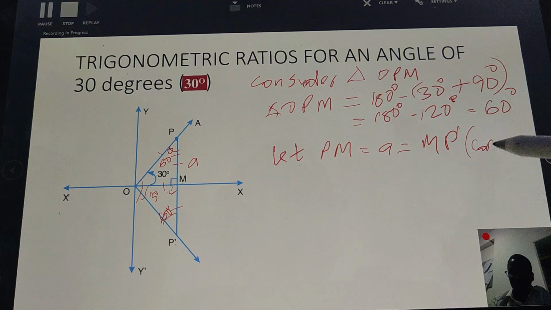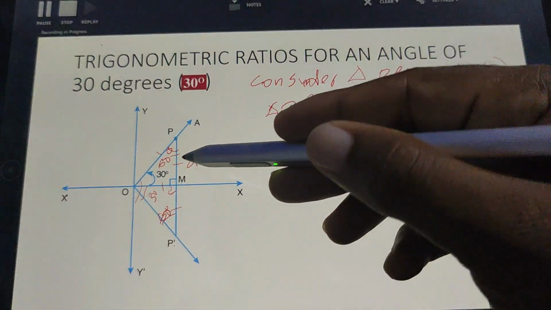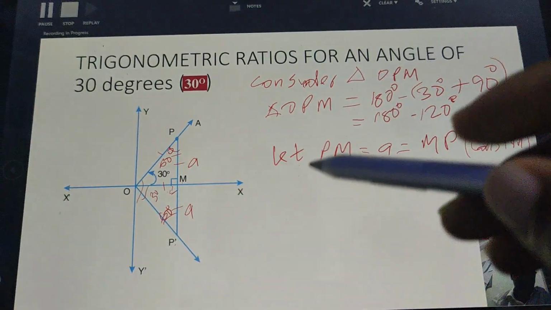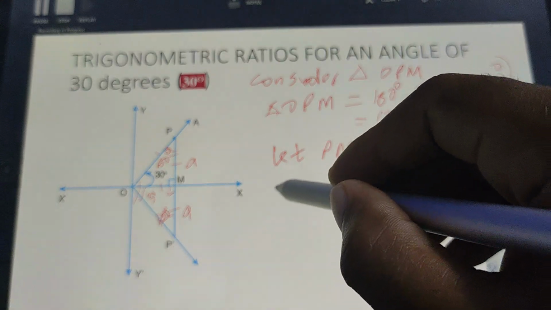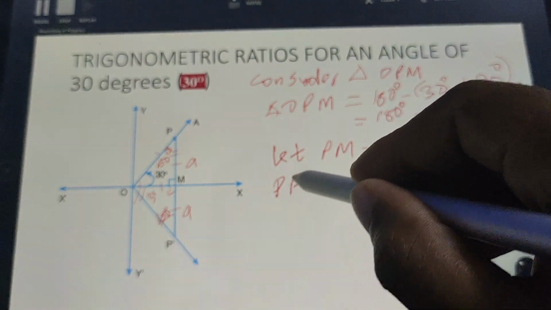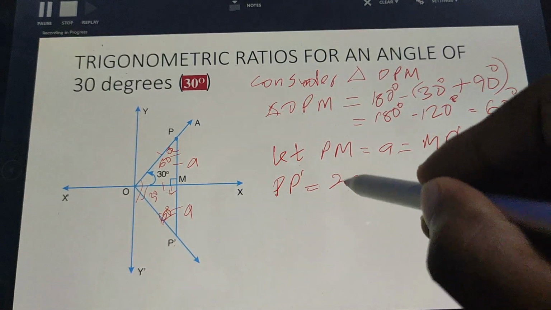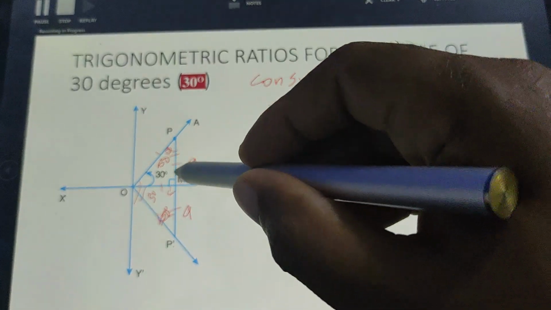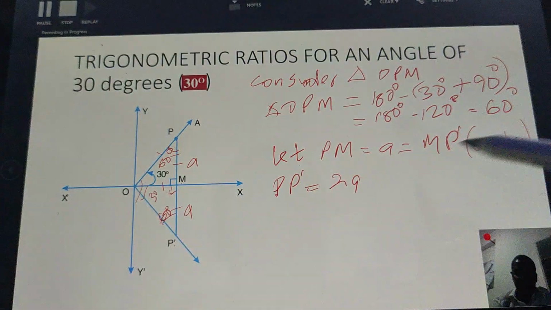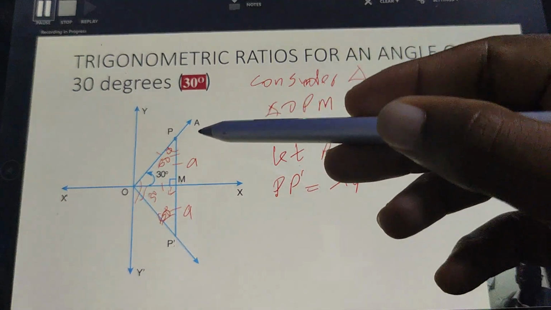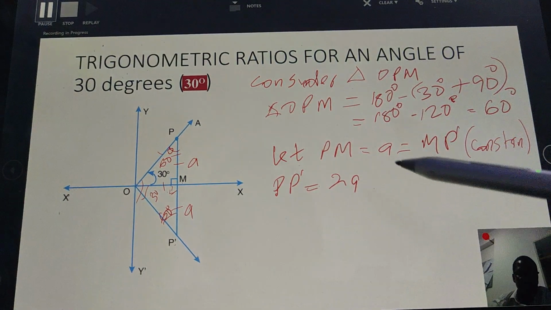So that's A, which means PP' will be equal to 2A. PM plus MP', so PP' should be equal to 2A.